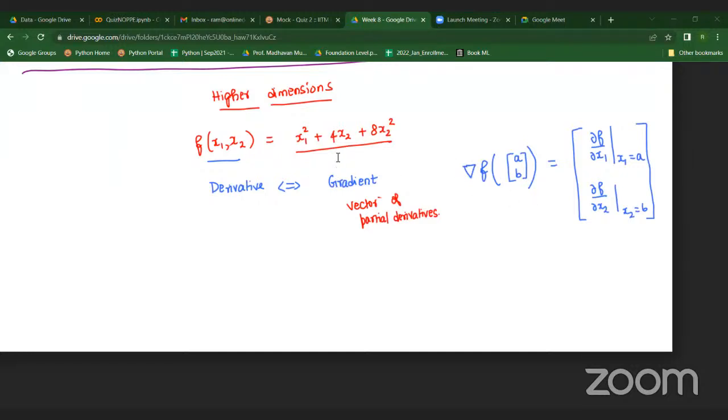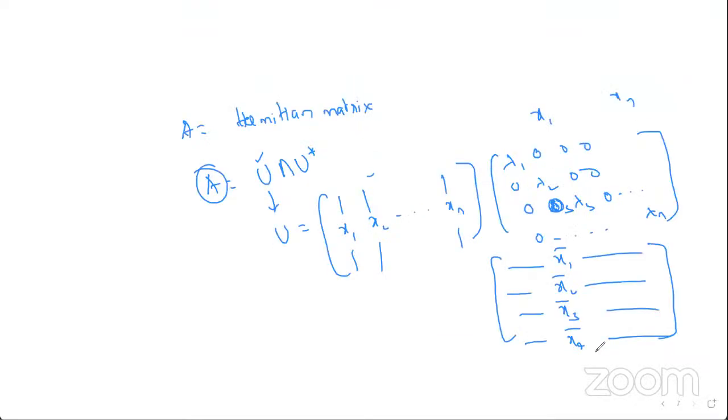And here x is going to be a vector, which in this particular case consists of two values, x1, x2. Initially we had f dash of x; instead of that we have the gradient of f of x.